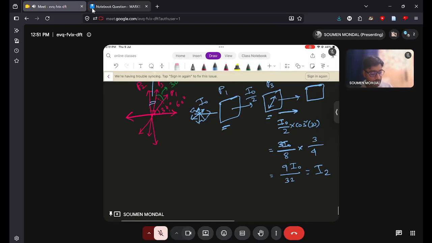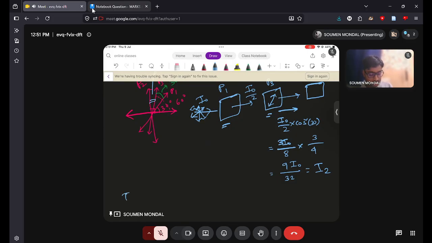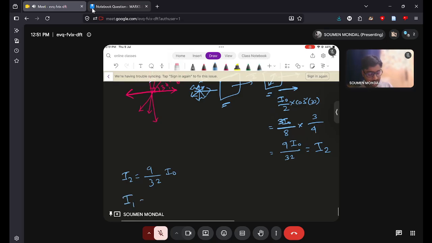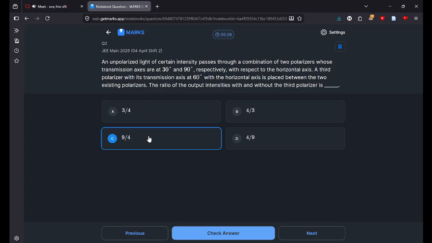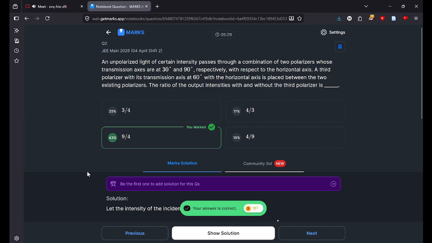With the third polarizer it is 9 by 32 I naught, without it is I naught by 8, so I2 by I1 is 9 by 4. Okay, so let me check the answer. So 9 by 4 is there. Okay, it worked.